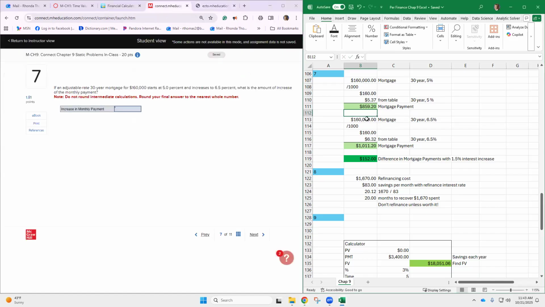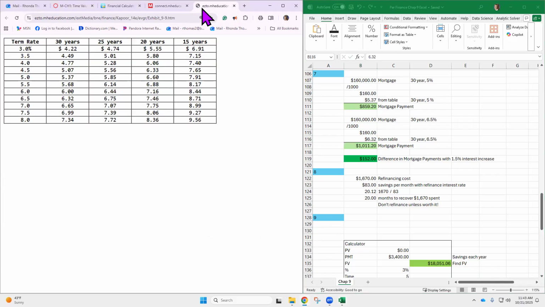Then the other, once our interest rate jumps to 6.5%, then we need another factor from the table. So it is 6.32. So we take the $160,000 mortgage divided by 1,000 is 160. 160 times 6.32 is a mortgage payment of $1,011.20.